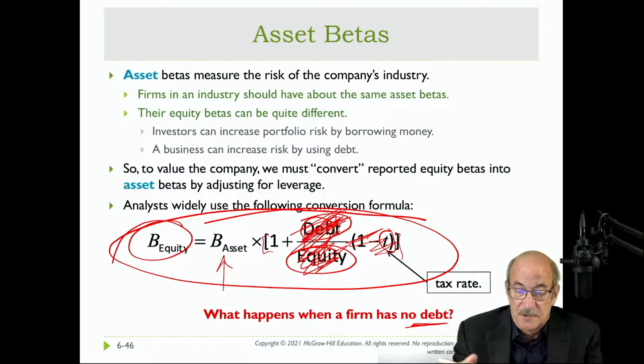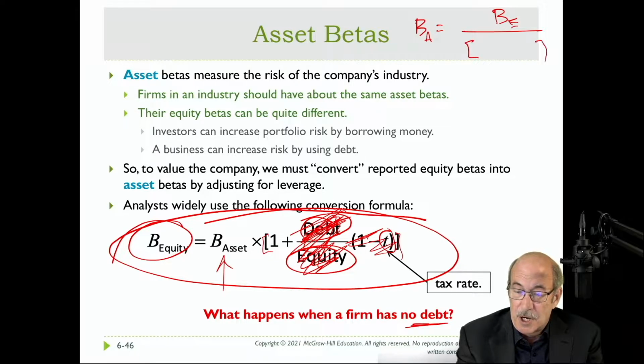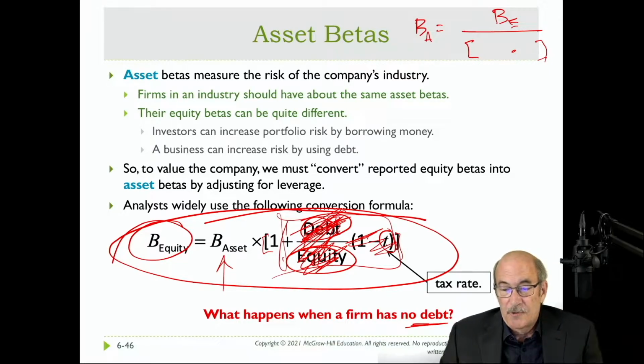And of course, instead of what they're showing, you're actually going to be computing the asset beta as the equity beta divided by the value in the brackets. I'm just going to use a dot to represent this whole mess right here. All right, so that's the formula you'd use to get your asset beta, and you would use that asset beta to calculate your K.